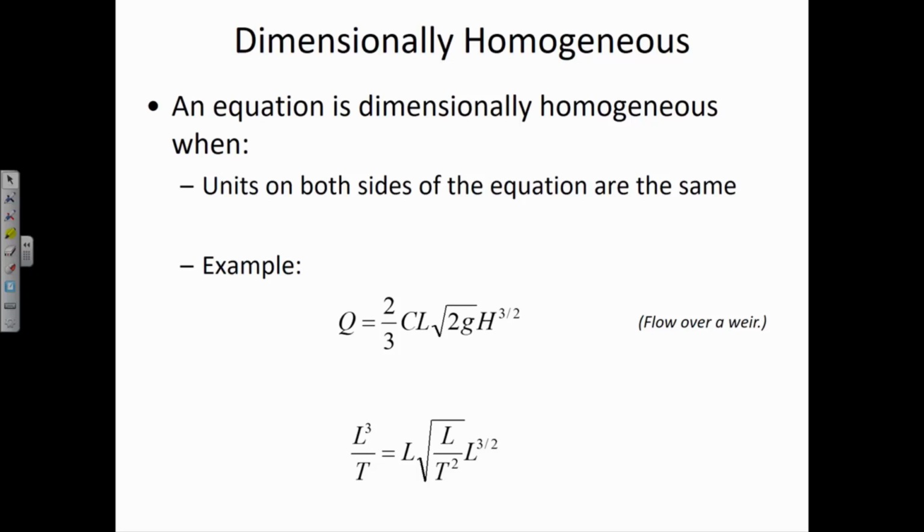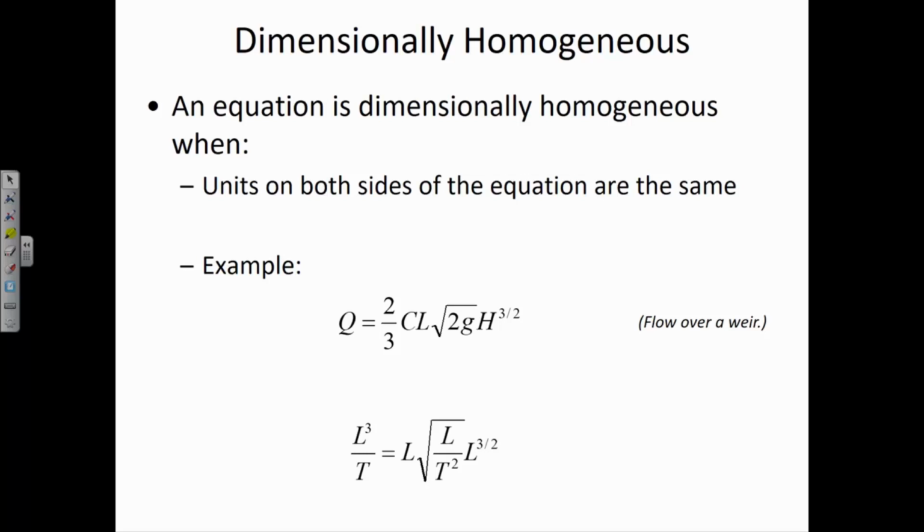Inside the 2g, g has units of meters per second squared, so that's length per time squared. But since it's under a square root, that's effectively length to the 1/2 power and time to the 1 power. And now this final term, height, is a distance parameter to the 3/2. If we add up the first length, then length to the 1/2, and then length to the 1.5, in total that's length cubed, and then down in the denominator is time. So this is a dimensionally homogeneous equation.